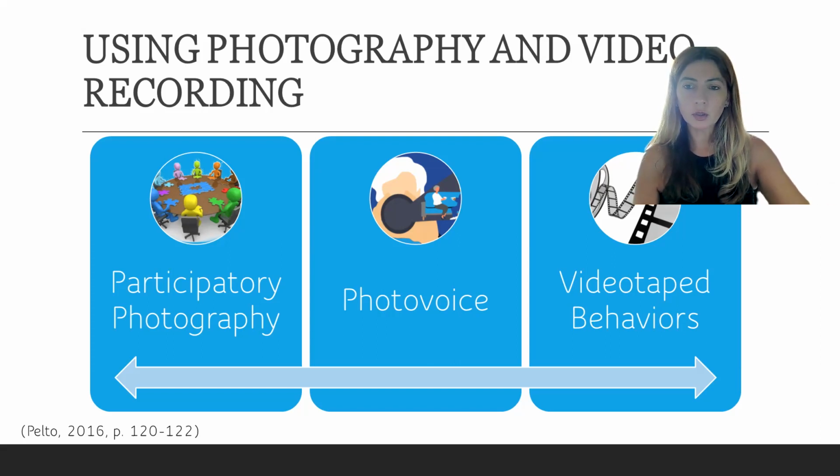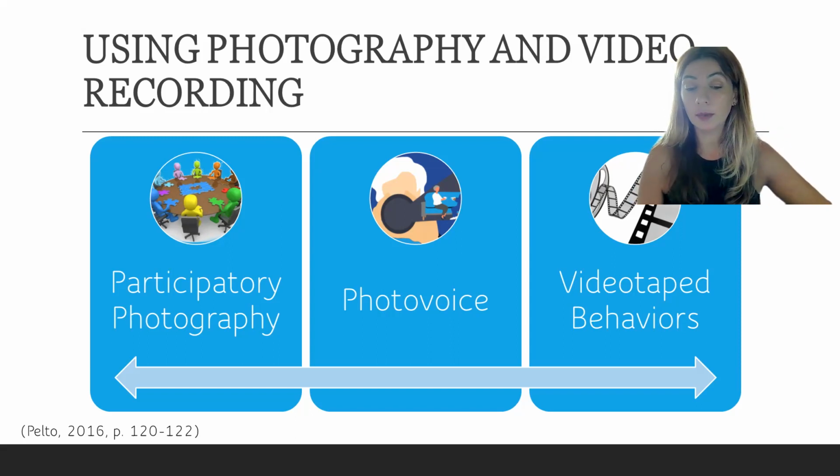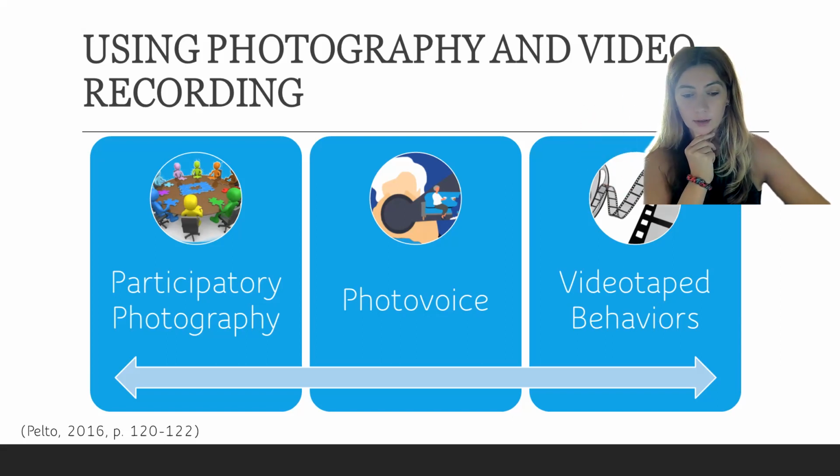It's used by community members and researchers. Palto, at page 121, describes how with participatory photography, researchers can report on group dynamics through the observation of the process. That's pretty useful for you later on in your findings, especially if you align this photography with the interview process and all the other observations.